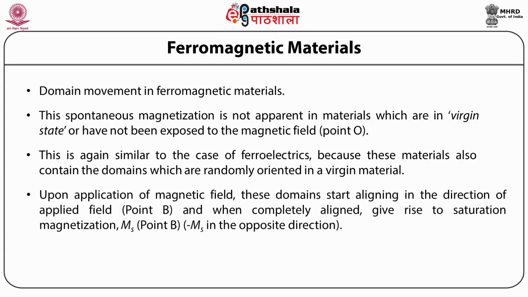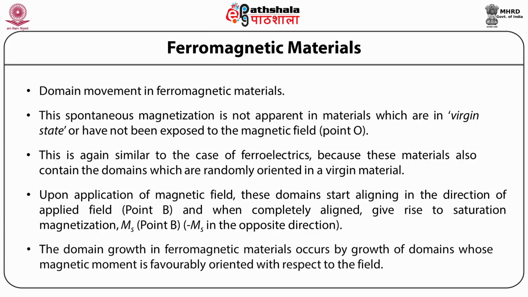Upon the application of a magnetic field, these domains start aligning in the direction of the applied magnetic field, which is represented by point B in the figure, and when completely aligned give rise to saturation magnetization, that is MS at point B, and minus MS in the opposite direction.